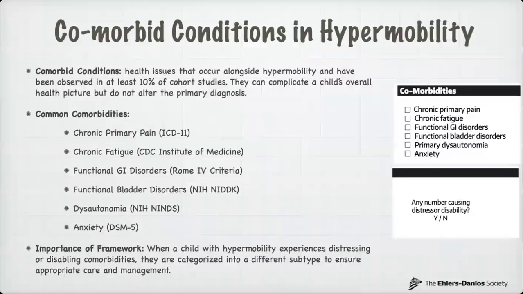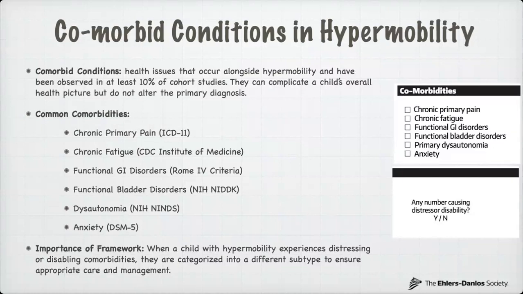Now let's take a look at the third part of this questionnaire, the comorbid conditions in hypermobility. Comorbid conditions are health issues that occur alongside hypermobility and have been observed in at least 10% of the cohort studies. They can complicate a child's overall health picture, but do not alter the primary diagnosis. They are coexisting.